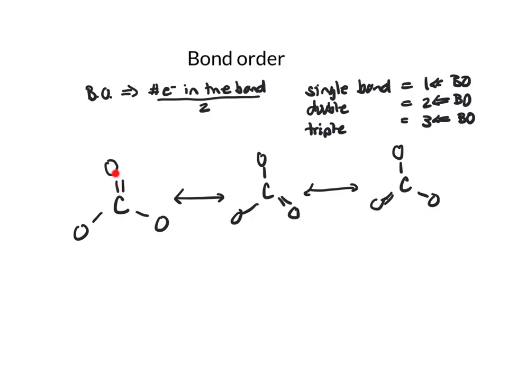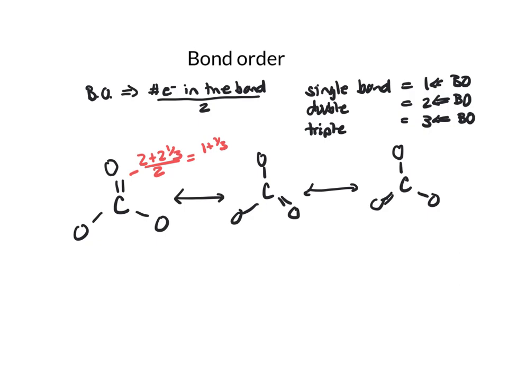Well, I have 2 electrons plus 2 electrons times 1/3, because these 2 electrons are only really 1/3 here. They're 1/3 here and 1/3 here. So this bond order is going to be 2 plus 2 times 1/3, divided by 2. So I have 1 plus 1/3, or 1 and 1/3.